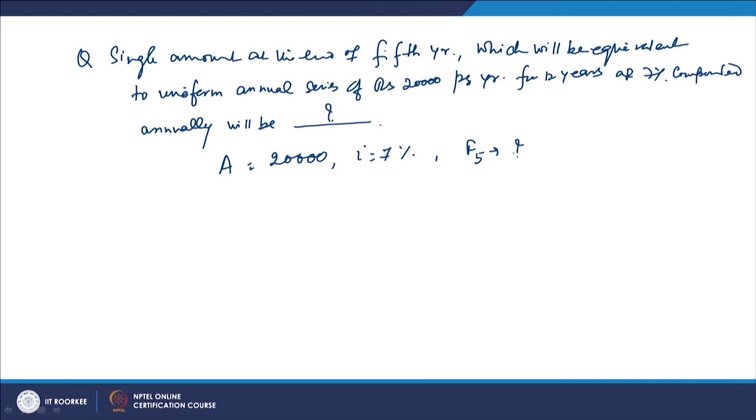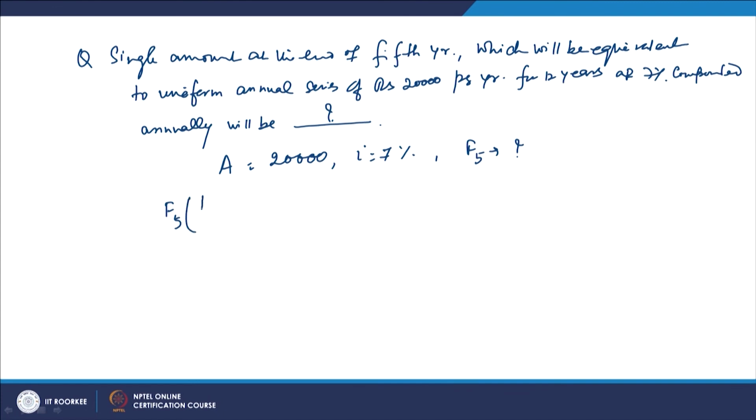For that, we will first calculate the P, and then ultimately use the formula for finding this future value at time n equal to 5. So, F5 multiplied by P by F 7, 5 will give you the present value of this F5, that is P.